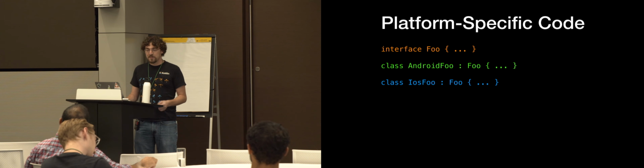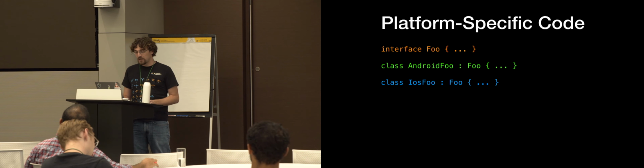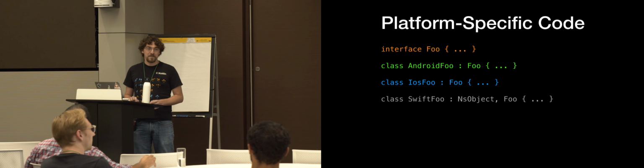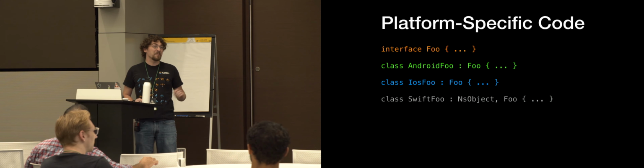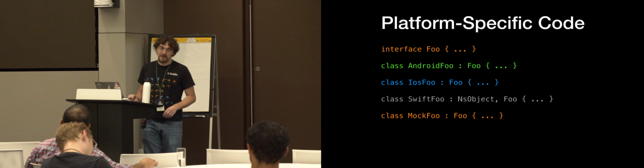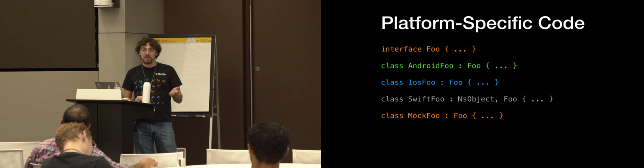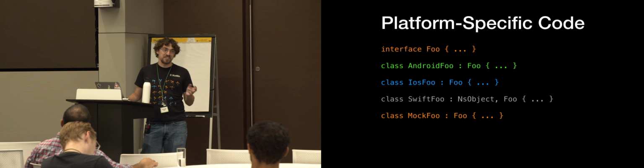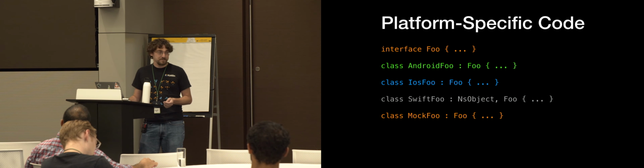Two, your implementations don't necessarily need to be Kotlin. So maybe on my iOS app, I'm going to actually implement this interface in Swift, and I have the freedom to do that. And of course, in my test code, I might want to have a separate implementation that I can pass to do some mocking. And because these interfaces aren't one-to-one anymore, I'm doing the injection manually, nothing stops me from doing that.